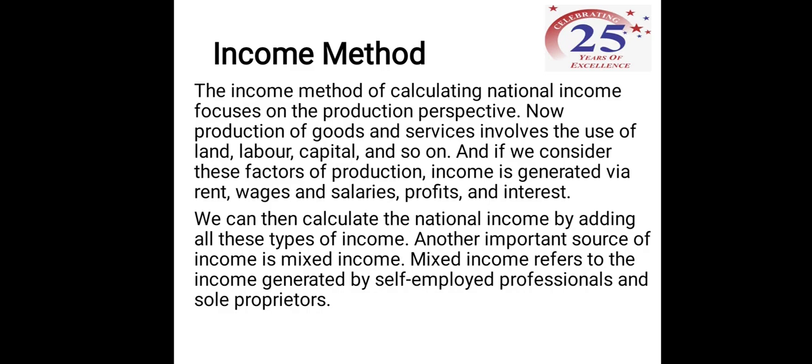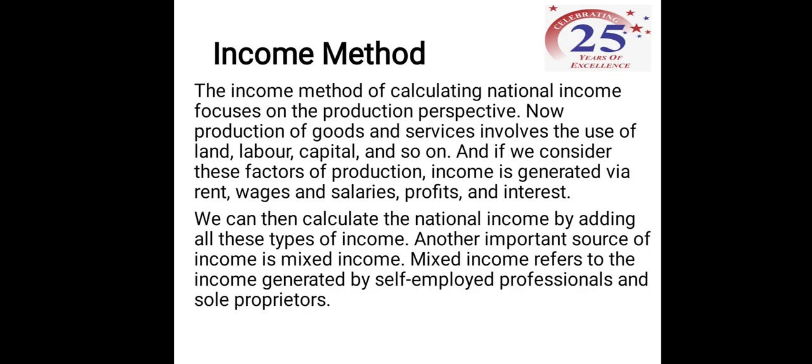The income method of calculating national income focuses on production perspective. Now, production of goods and services involves use of land, labor, capital and so on. And if we consider these factors of production, income is generated via rent, wages and salaries, etc. We can then calculate national income by adding all these types of income.